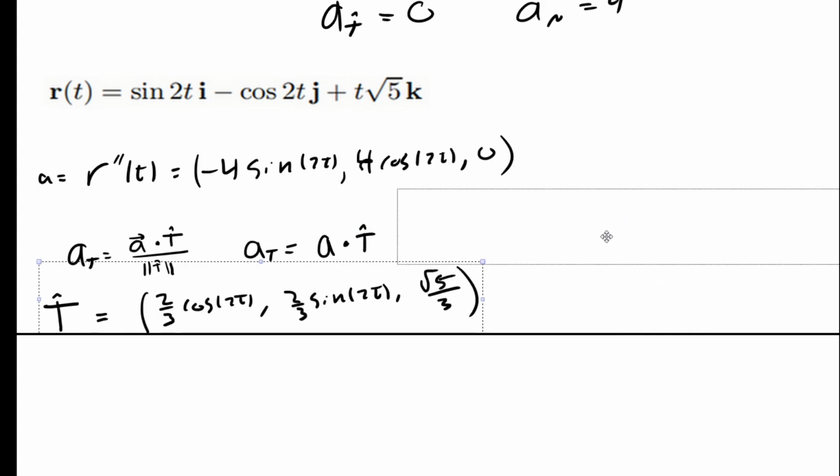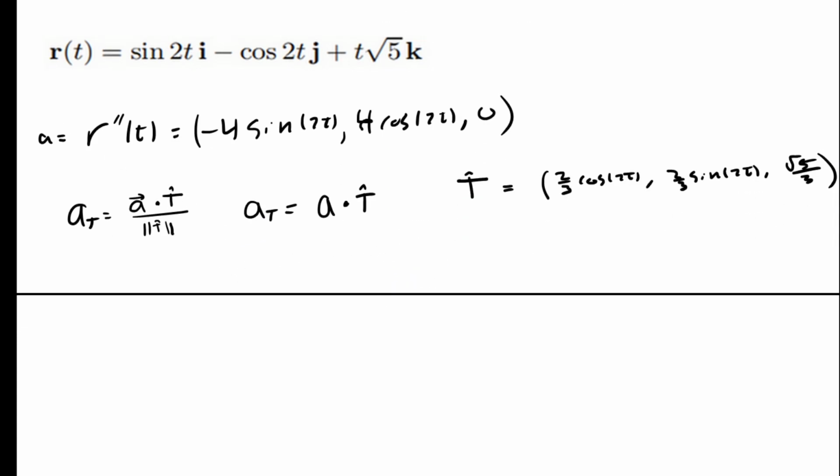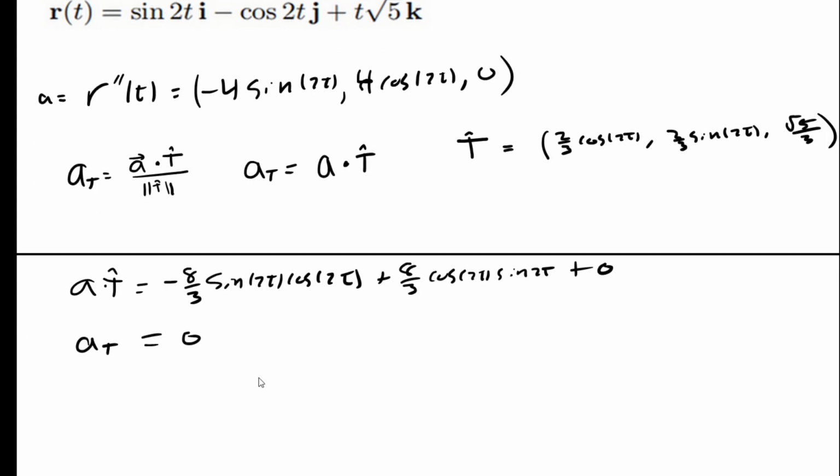Now I can do the dot product. So A dot T is going to be minus 8/3 sine 2t cosine 2t plus 8/3 cosine 2t sine 2t plus 0. Those cancel out and give me 0.